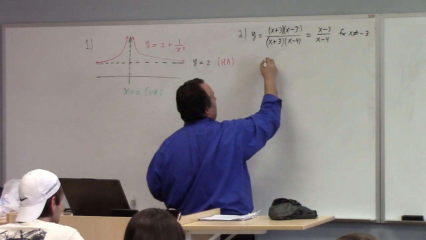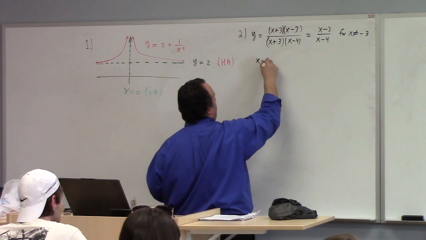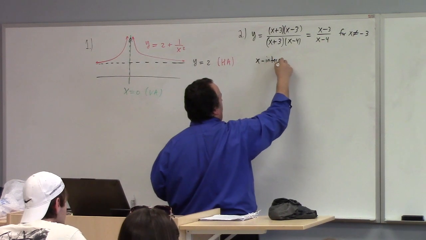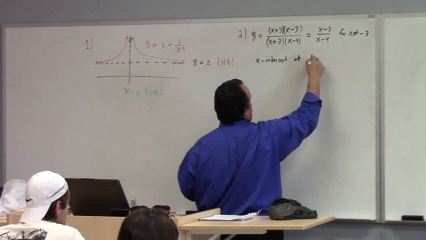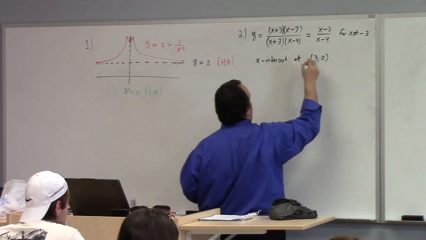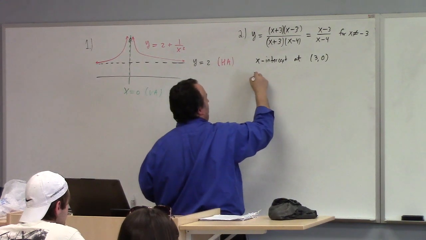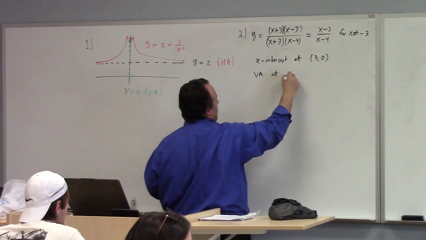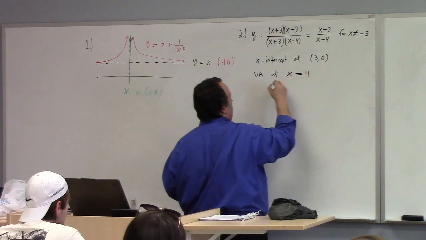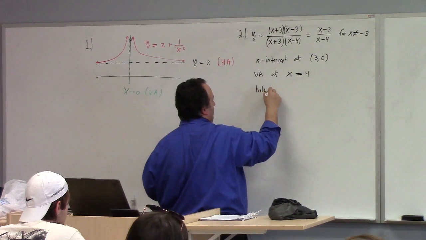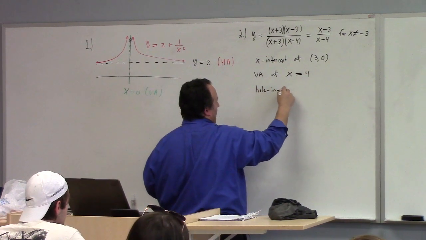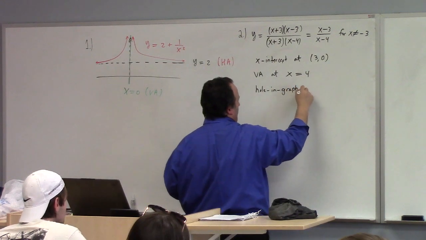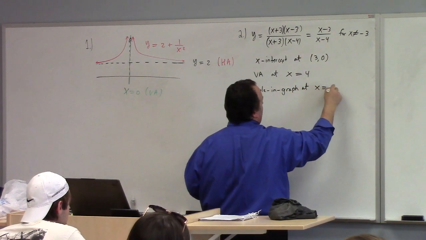So there is an x-intercept at 3, 0. There is a vertical asymptote at x equals 4, and there's a hole in the graph at x equals minus 3.